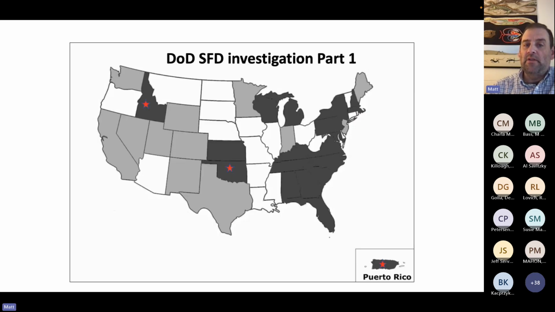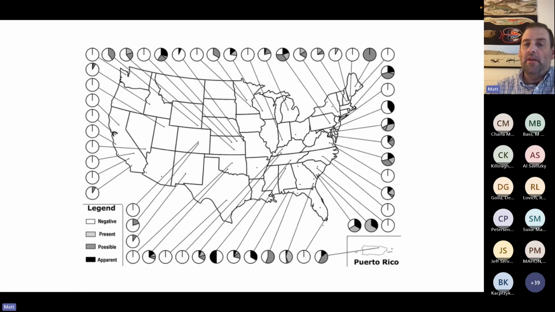And then in 2020, when we did our first DoD investigation, we identified it in Idaho for the first time, Oklahoma, and Puerto Rico, in addition to lots of other states. Gray is negative results. White, we didn't sample in that study. Also, since this period of time, we've also detected it in California. So it's coast to coast entirely.